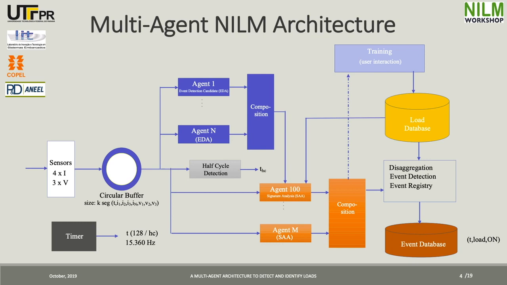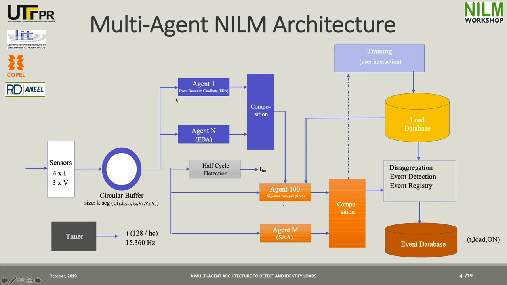In Brazil, where I come from, we use a 60 Hertz mains, and we wanted to have 256 samples per cycle. So we arrived at this frequency, 15,360. These are deposited in a circular buffer that holds possibly about 10 seconds of data, which is the window we need to make our analysis.